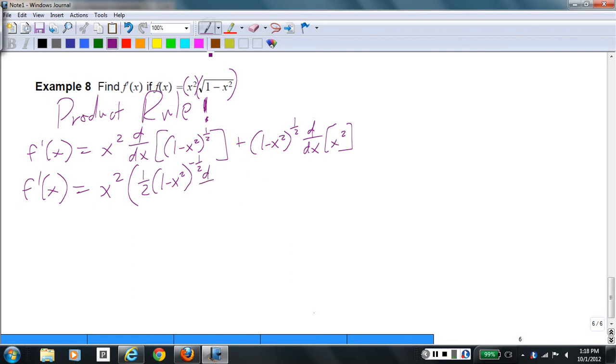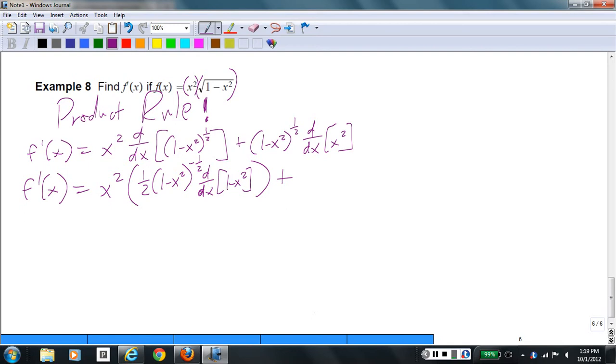Yes, times the derivative of that something, which in this case is 1 minus x squared. So it's like we're just applying the power rule. 1/2 comes out in front. We subtract 1 from the exponent. We get negative 1/2. We keep the expression inside the parentheses the same, and then we multiply by the derivative of the expression inside the parentheses.